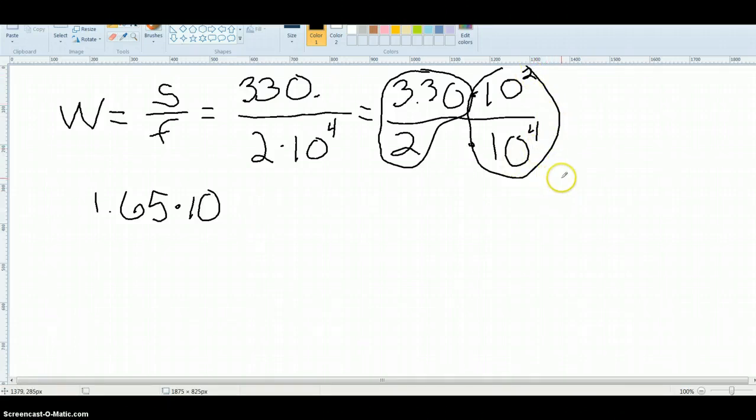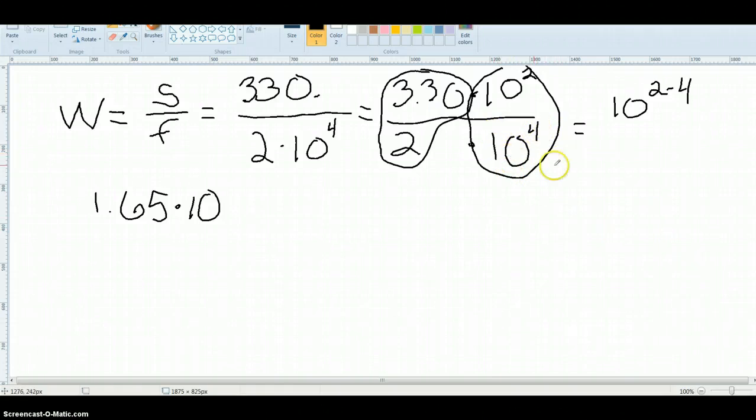And there's a few different ways to approach this. Just as you add exponents when you multiply them, you also subtract them when you divide. So you can say 10 squared divided by 10 to the 4th. That's going to be the same as 10 raised to the 2 minus 4. And another way you can look at this is, I don't know if you know this, but you can switch these exponents around.